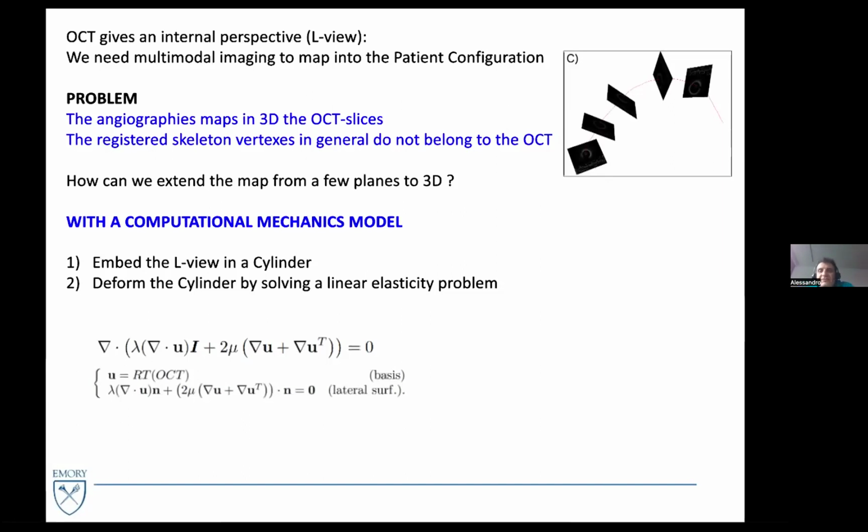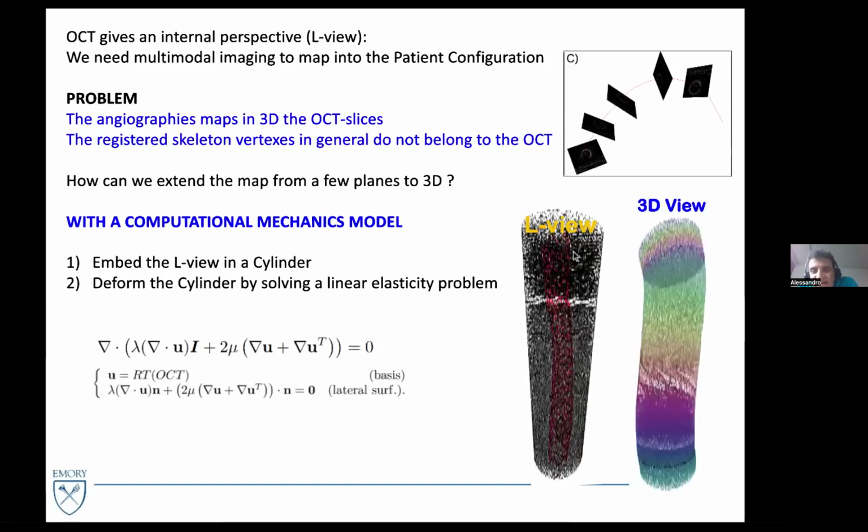This idea of performing a sort of deformation of a solid. So to embed our L view in a cylinder, and then so you see this, the L view and the stent, the skeleton of the stent reconstructed, and then using the center lines reconstructed from digital subtraction angiographies to map the current geometry into the real 3D view.